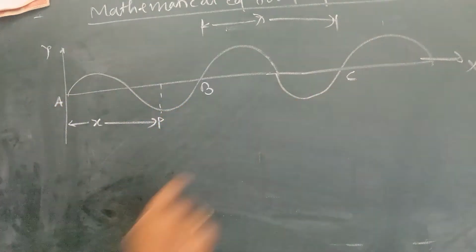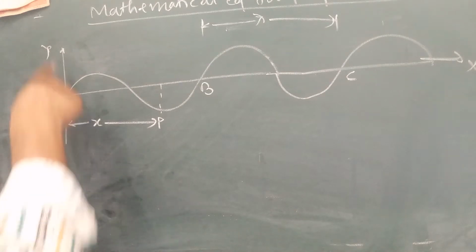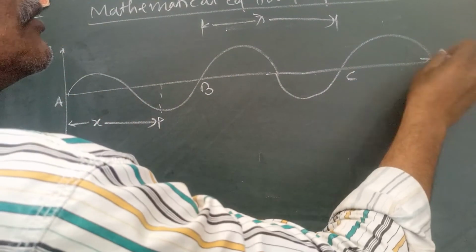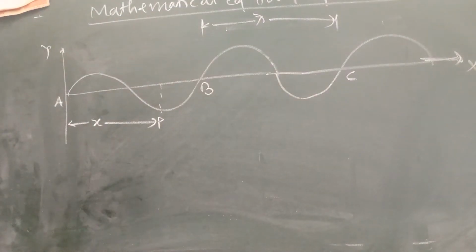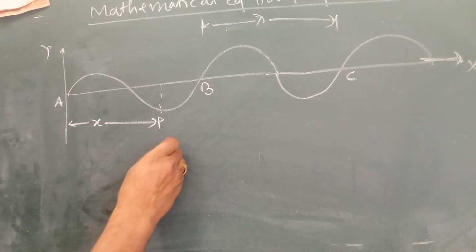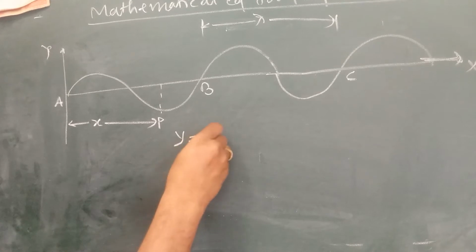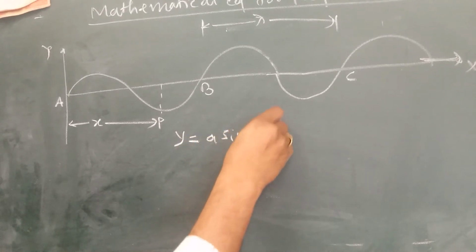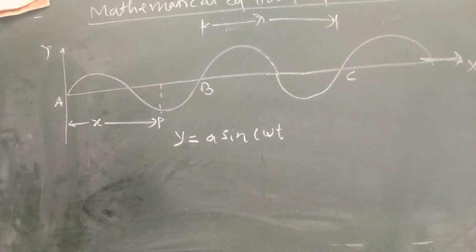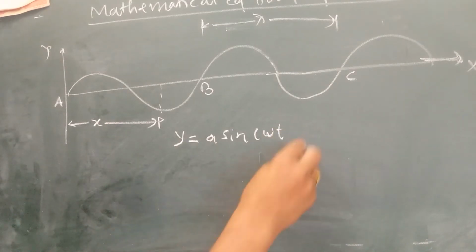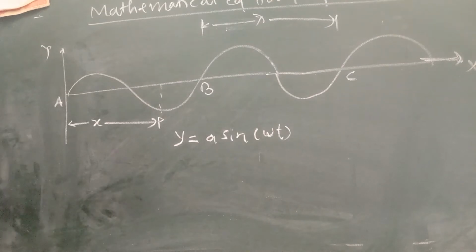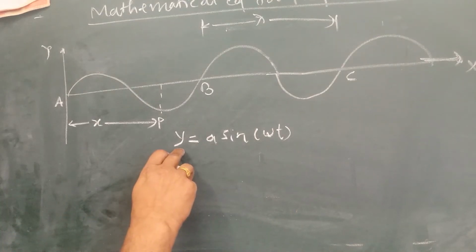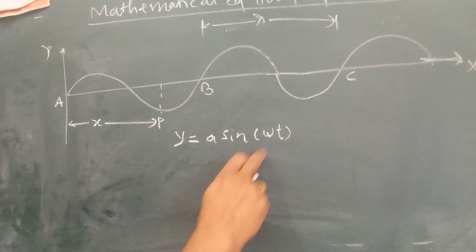A, B, C, these are the waves. Now this is the x direction, along which it is propagating, and this is the y direction. Each particle executes a simple harmonic motion, and its displacement is given by y equals a sine omega t, where a is the amplitude, y is the displacement, t is the time, and omega is the angular frequency.